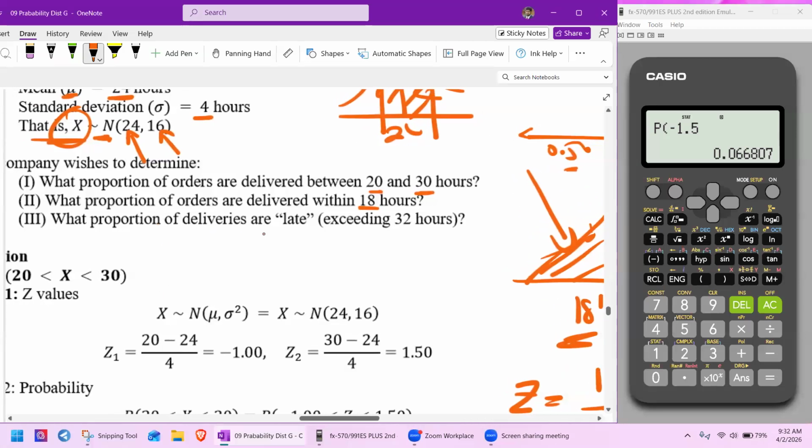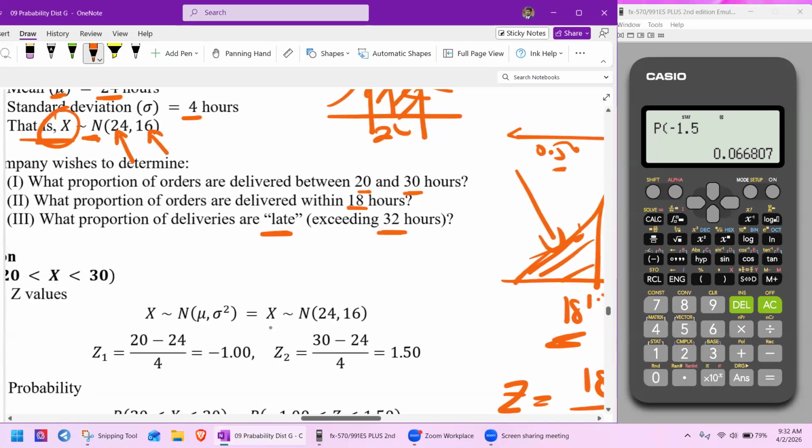What proportion of deliveries are late, exceeding 32 hours? It's also straightforward. This is 24, and here 32, and later than 32 hours.